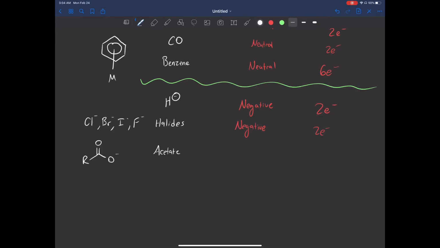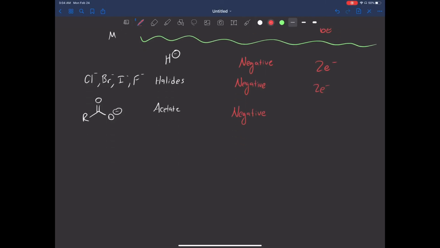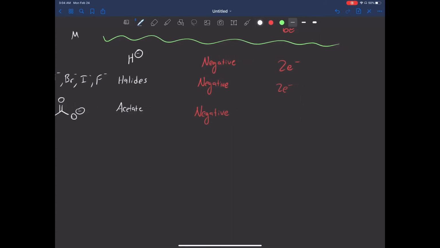All right. Now, watch out for this guy. He's a little bit tricky. He's going to be negative. But the catch with him is he can be what's called bidentate. What that means is he can bind to the metal at 2 places. Not always, but sometimes. So I just want you guys to watch out for that in case they ever show you that.